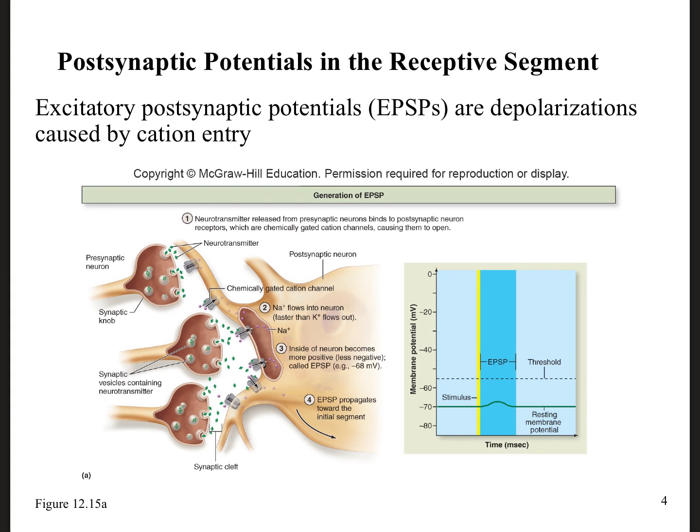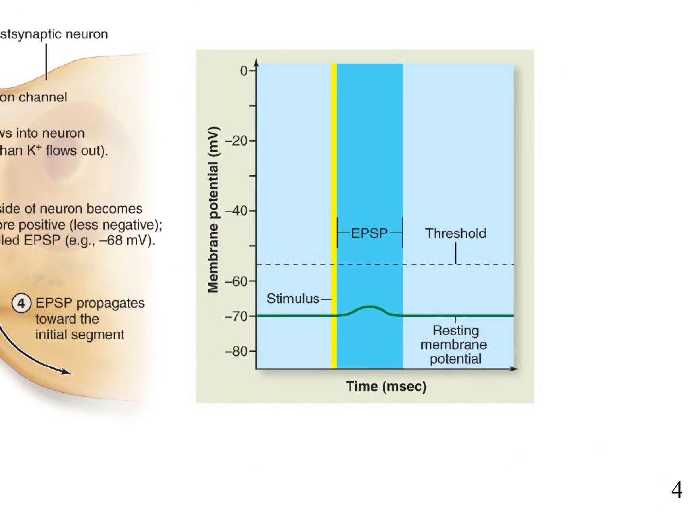What would happen to this graph if a chlorine ion channel was open? We'll do it in red and say it's right here, right? So we're at resting membrane potential.